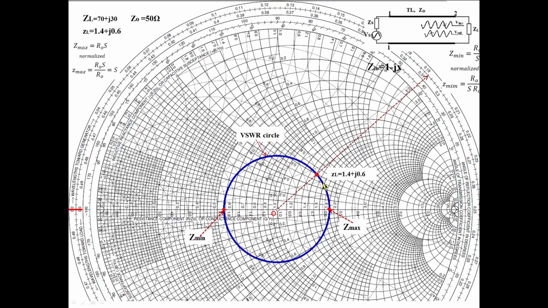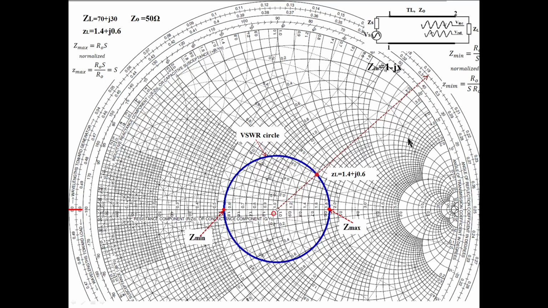The impedance keeps changing, but I want to find a position at which the resistance part of the impedance equals 1, and measure at what distance that is.